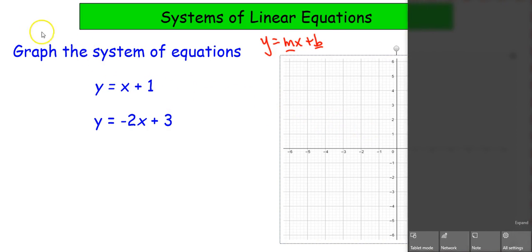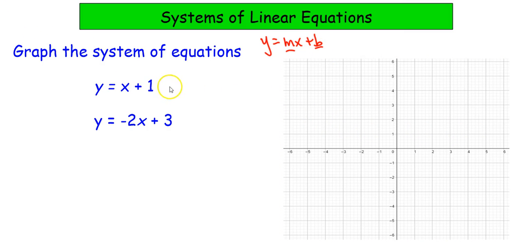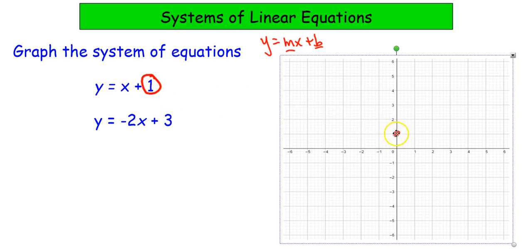So if we look at the graph of this system, I first want to plot my y-intercept, which is found by going up 1 on the graph. So there's my y-intercept, (0, 1). And then my slope tells me to go from there up 1 and over 1.